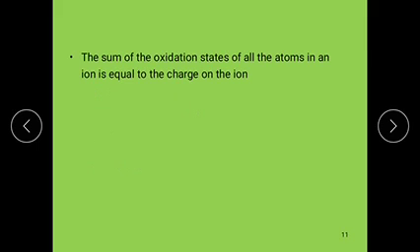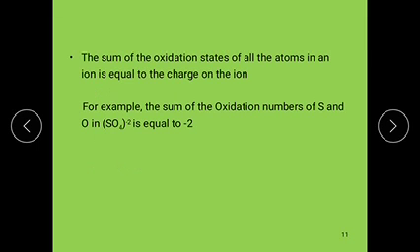Okay, the sum of the oxidation states of all the atoms in an ion is equal to the charge on the ion. For example, the sum of the oxidation numbers of sulfur and oxygen in SO4 2- is equal to -2.